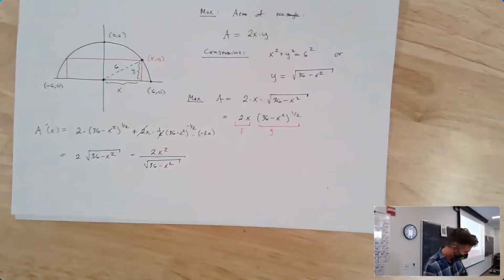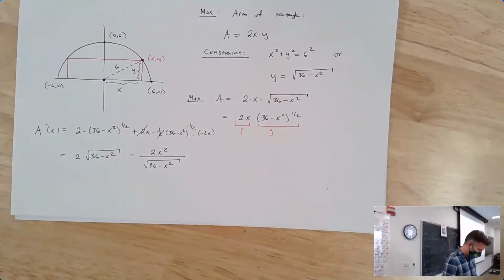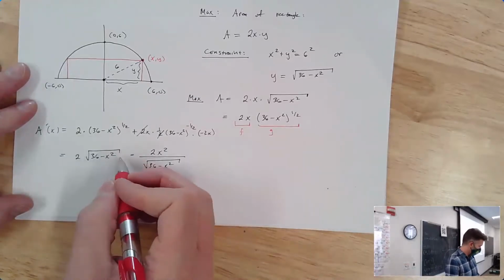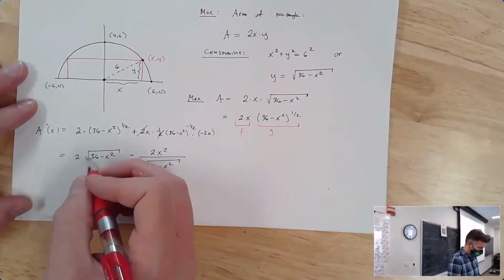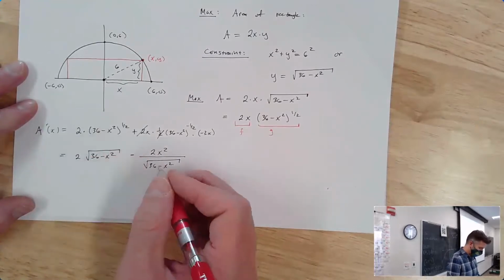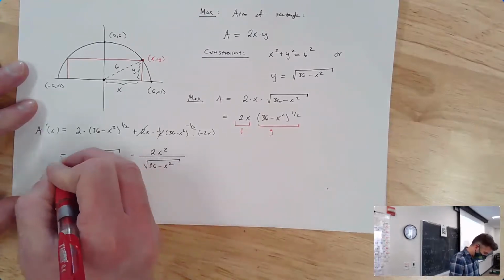So now I'm going to multiply this part here by the square root of 36 minus x squared over the square root of 36 minus x squared.